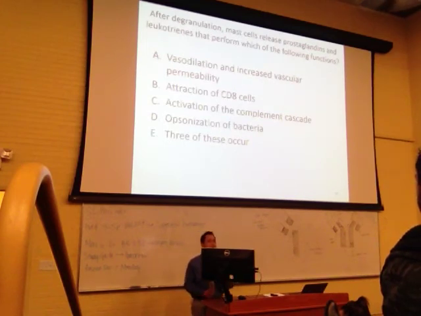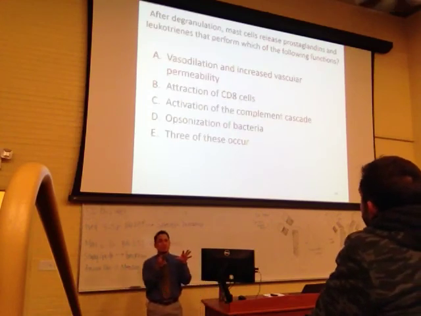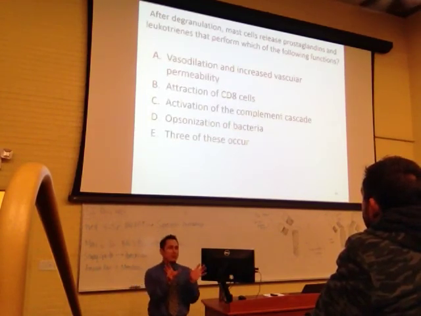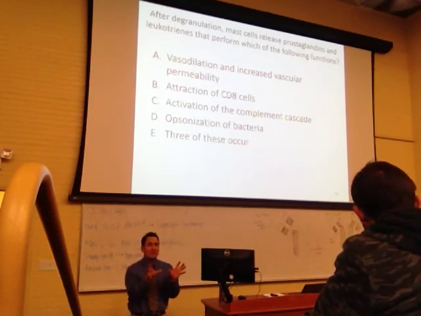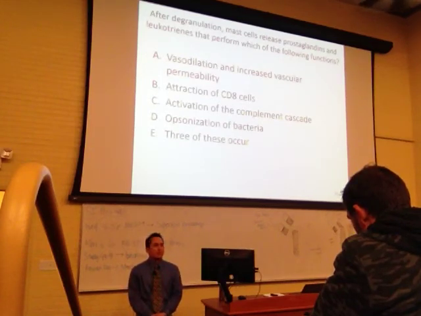Okay, mast cells degranulate to release prostaglandins and leukotrienes. You remember, those are products that are found in these granules that fuse with the membrane, right? They're manufactured from what? Where do you get prostaglandins and leukotrienes from? How do you make them? Arachidonic acid that comes from where?